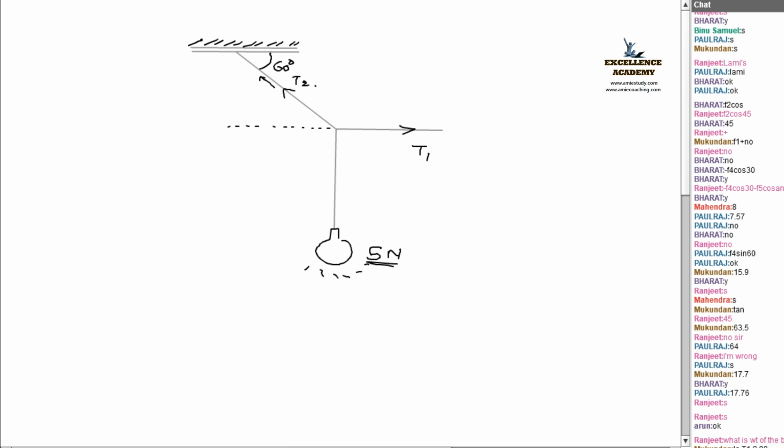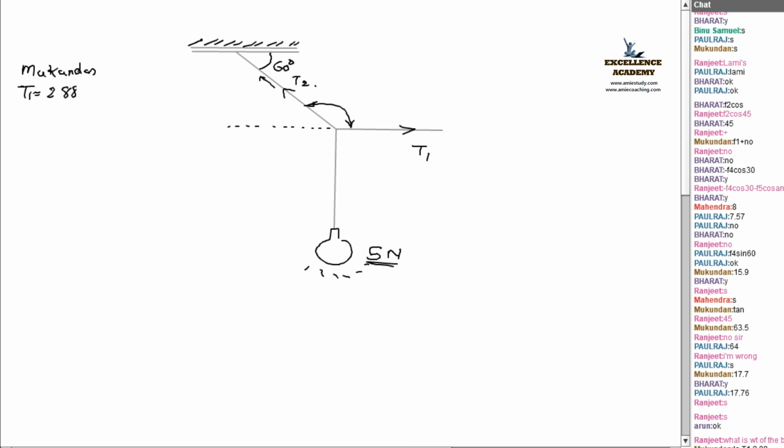Mukundan is saying T1 is 2.88. Okay. Can you give me this angle?